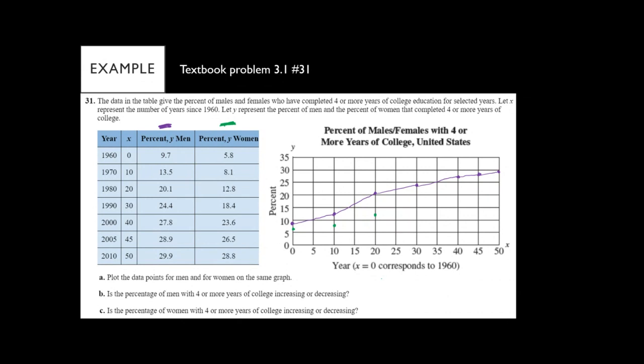We got 30, which is 18.4. 40 is 23.6. So I'm just estimating here. I'm not getting it exact. 45 is 26.5. And then 50 is 28.8. And so now I'm going to start to eyeball the line.